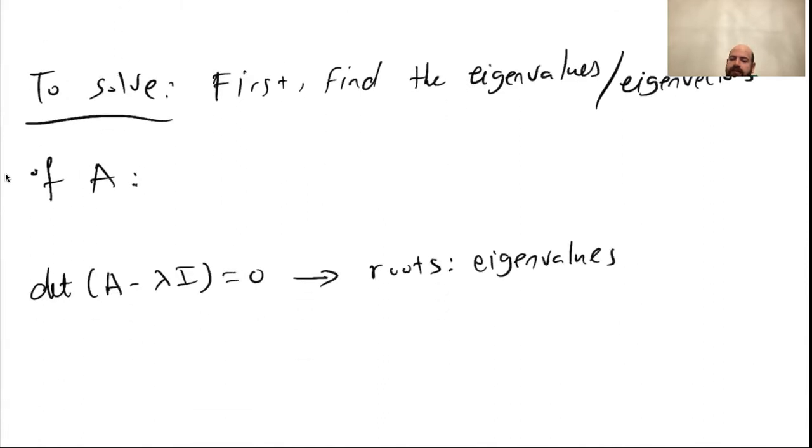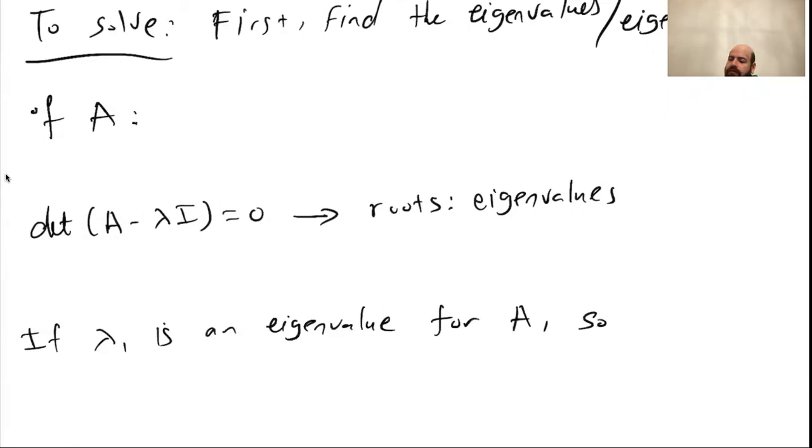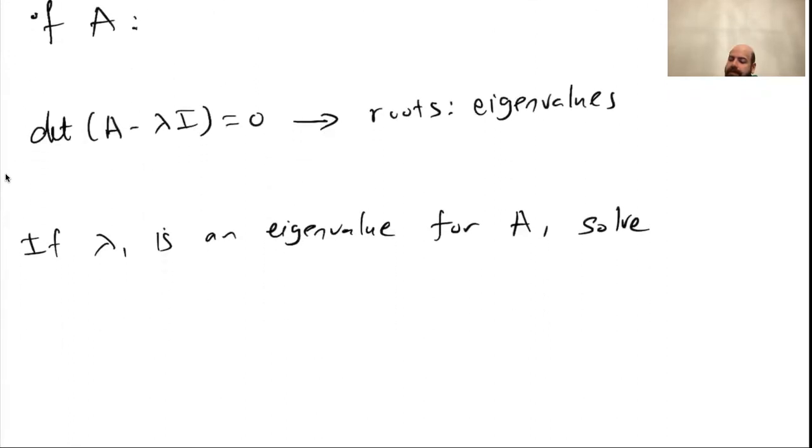And once you find an eigenvalue, let's say lambda 1 is an eigenvalue for A, then how do we find the eigenvector corresponding to this eigenvalue? Solve the system, basically Ax equals lambda 1 x, which is the same as A minus lambda 1 I times x equals 0.